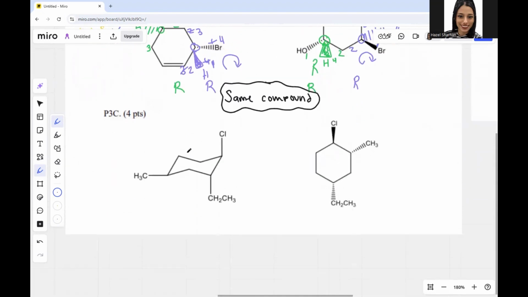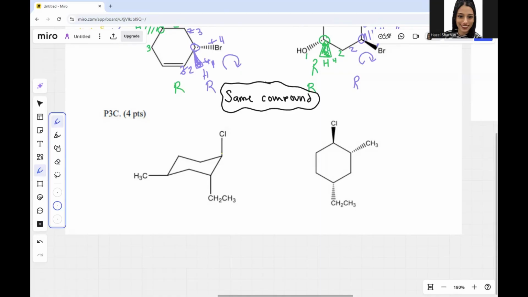Let's do this third one on the page really quickly. Let's see. This yellow, yes. First thing I like to do is label my carbons. And so this is a chair conformation. It's also a hexane. It's the same thing as this, except it's in a chair conformation from the side. This is how we would see it.